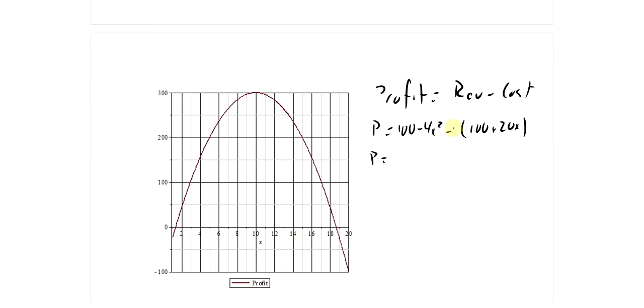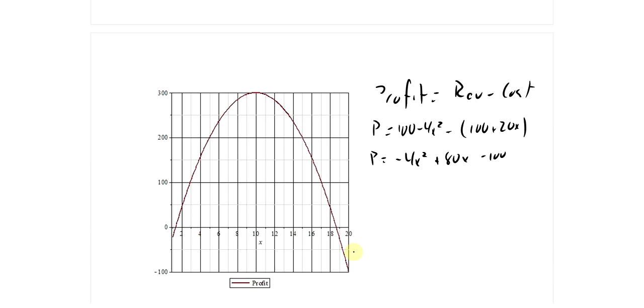And then if we simplify that, remember to distribute the minus to both terms, we get profit equals minus 4x squared plus 80x minus 100. It's this parabola.